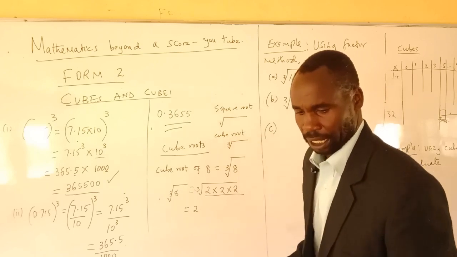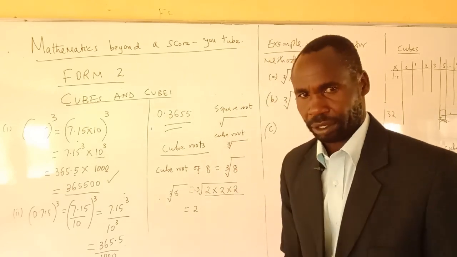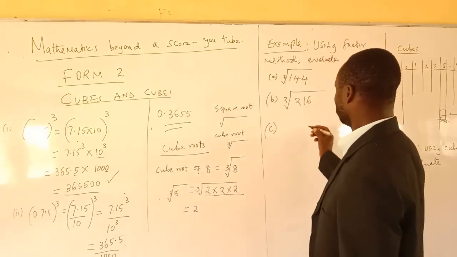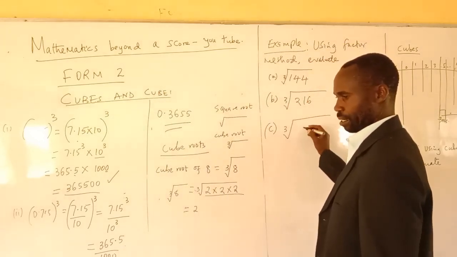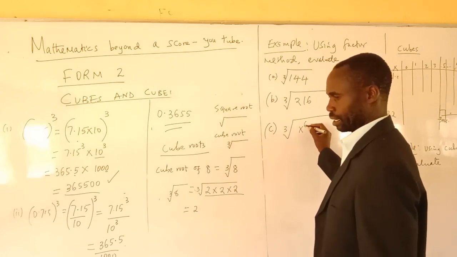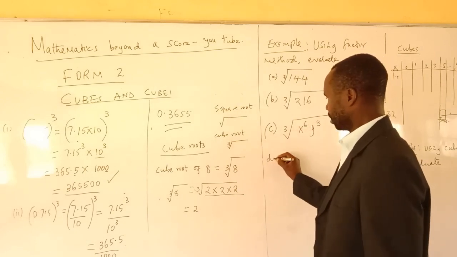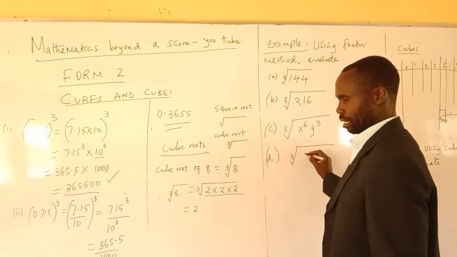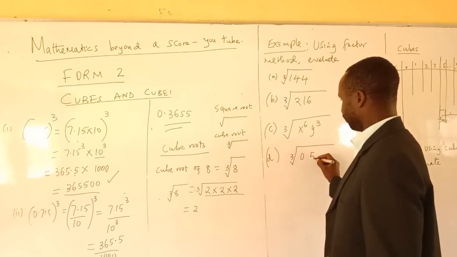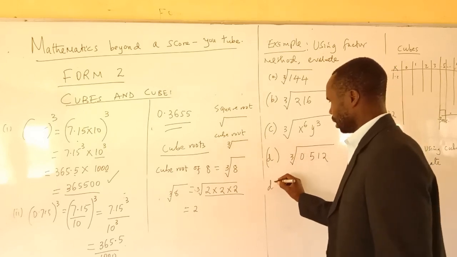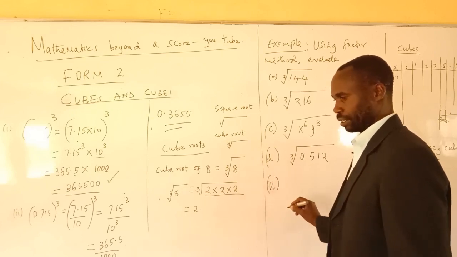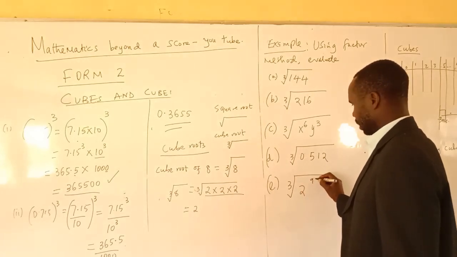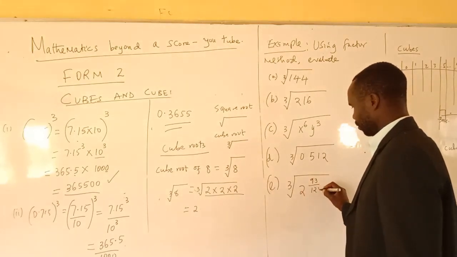C, the cube root of x^6 y^3. D, the cube root of 0.0512. And E, the last one, is the cube root of 2 and 93 over 125.